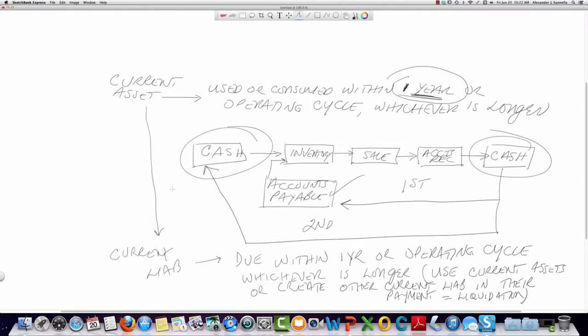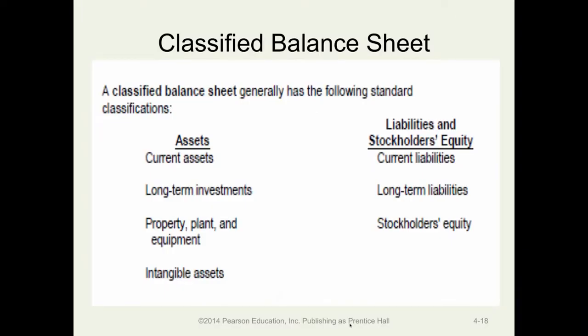So going back now to the classification, what we're trying to do here is match maturities. So if a user or a financial analyst is looking at this balance sheet, they'll see the dollar amount of current assets that are expected to be converted into cash, sold or consumed within 1 year of the operating cycle, or 1 year or an operating cycle, whichever is longer.